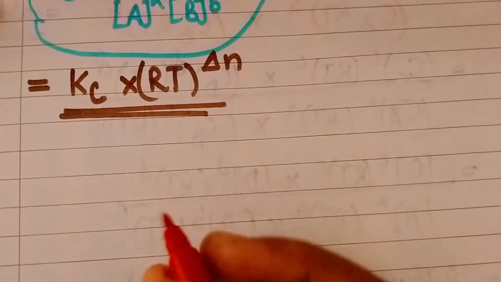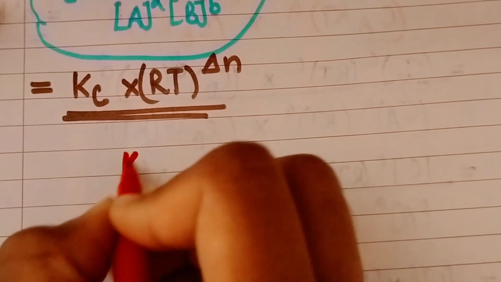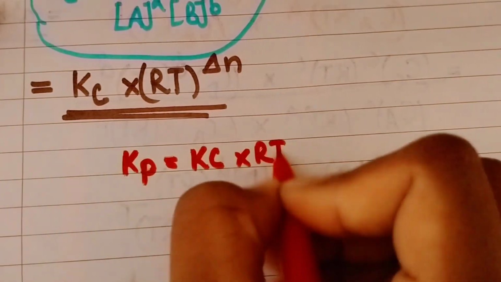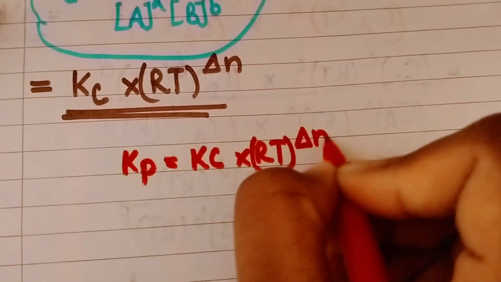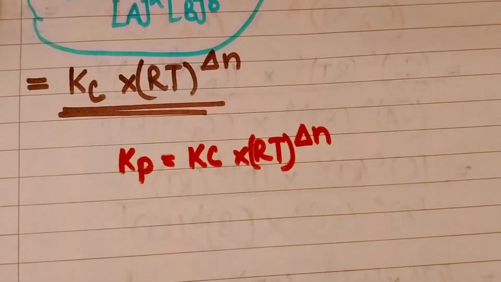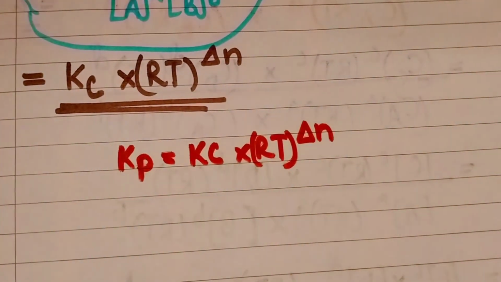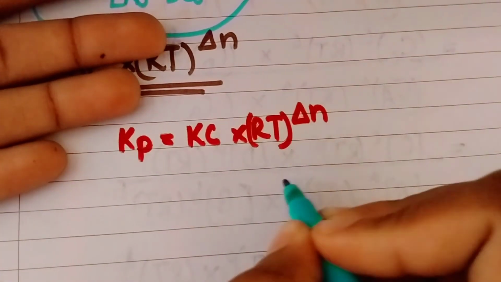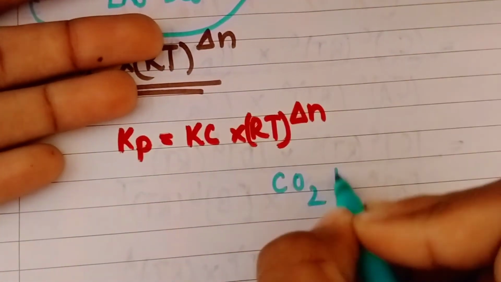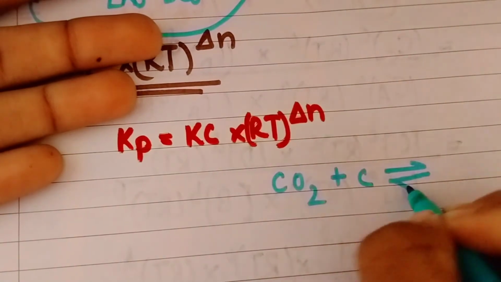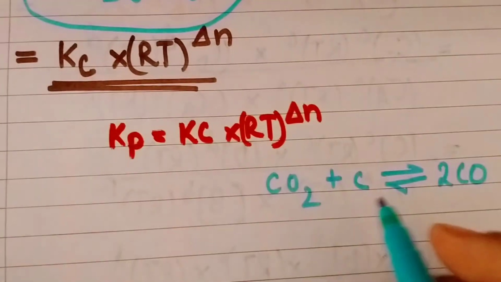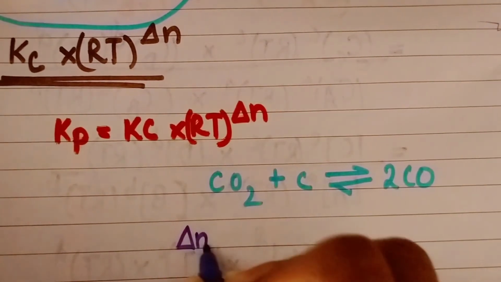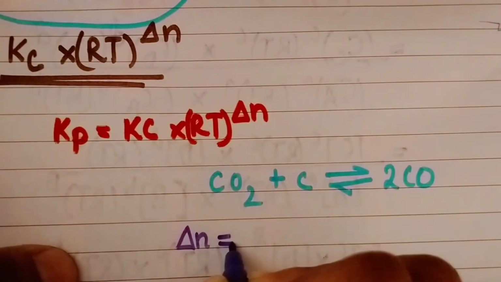And this is our formula of the relationship. Now what's the relationship between Kc and Kp? Kp is nothing but Kc into RT raised to delta N. Delta N means change in number of moles in gas. For example, I'm going to write one question here: the reaction CO2 plus C gives 2CO. If we are asked to find delta N, what are we going to do?